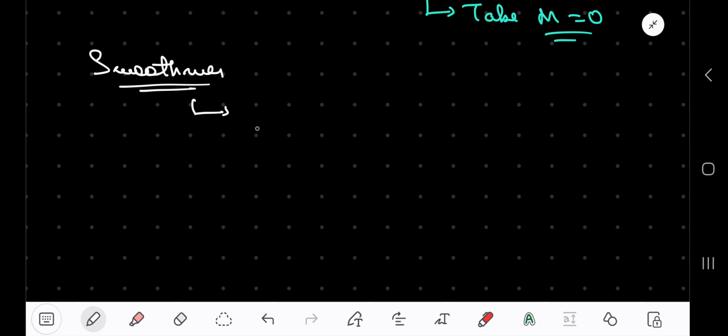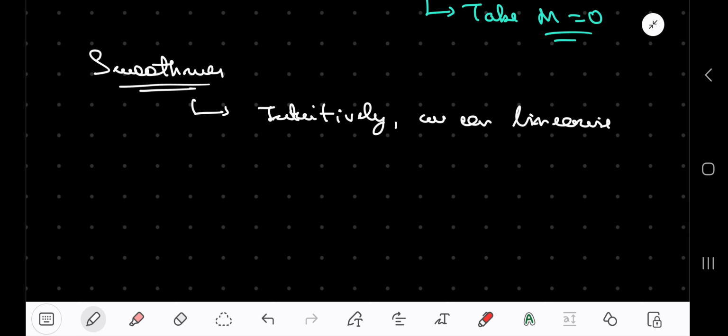Intuitively, we can linearize it as much as we require.